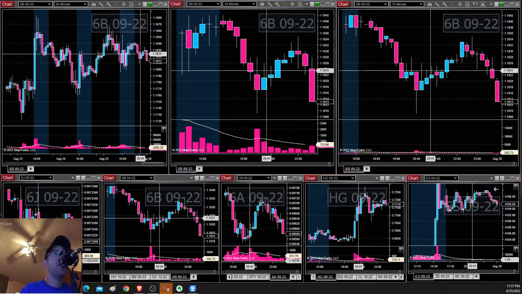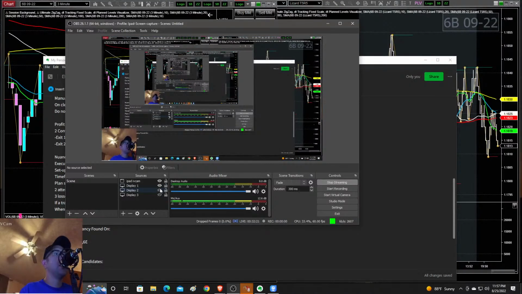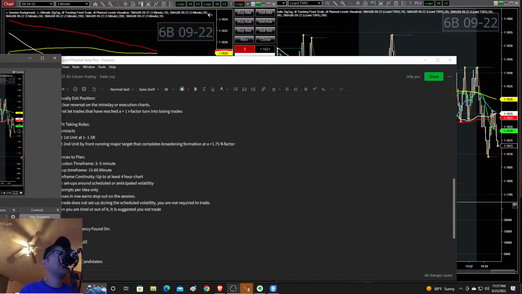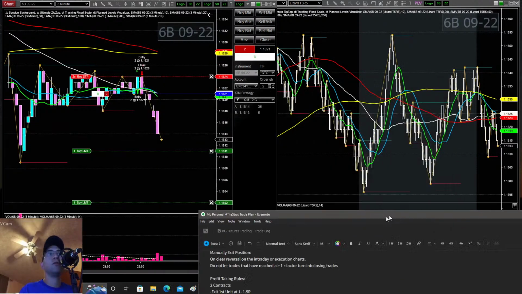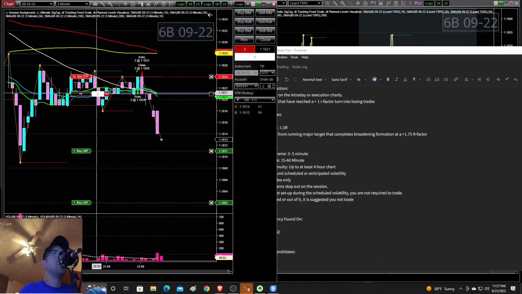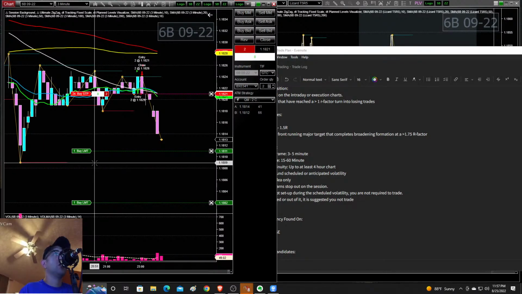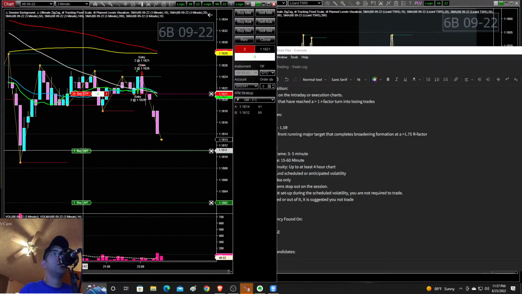Okay, so now let me show you guys how the trade progressed. It's progressing. Not a losing trade anymore. It's 4 ticks of risk for this trade.